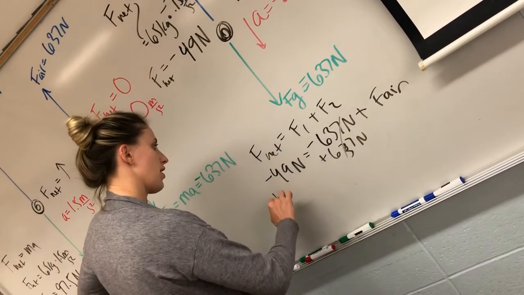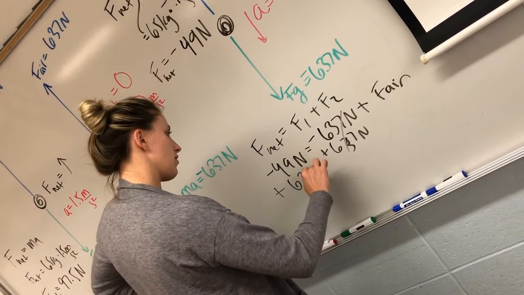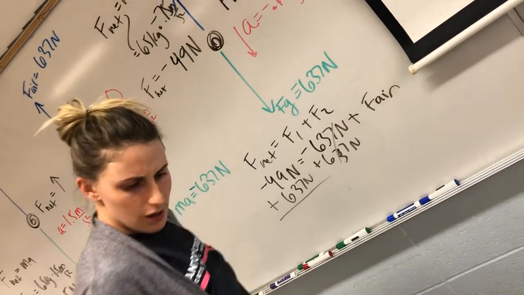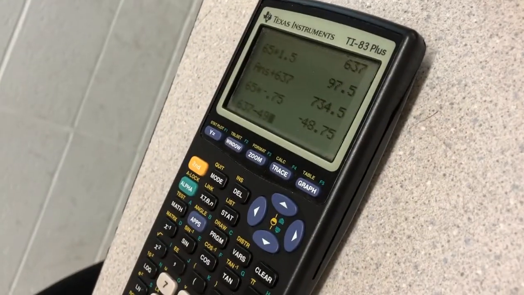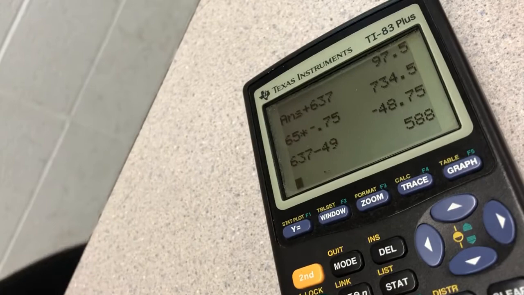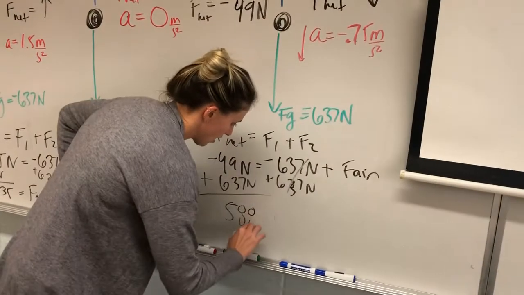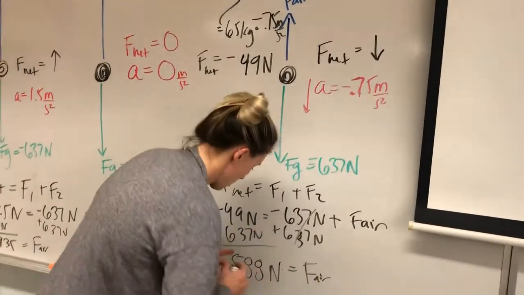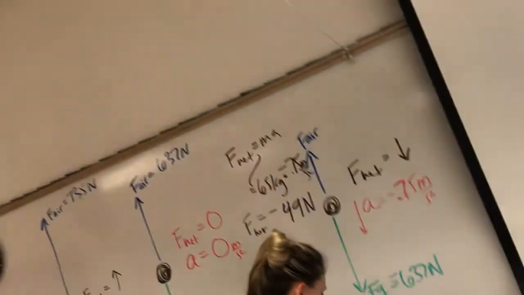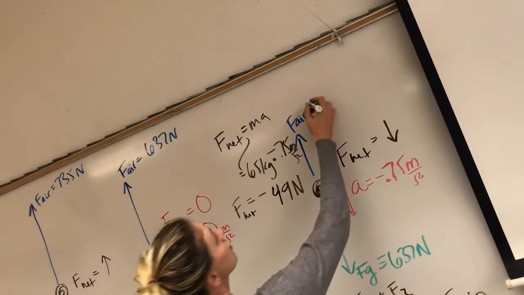It cancels out. 637 minus 49, I get 588. So 588 newtons equals the force of the air.